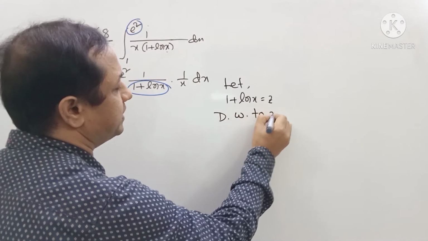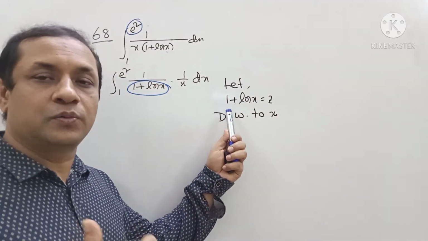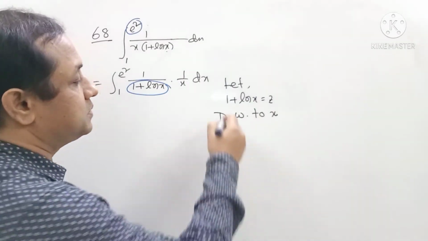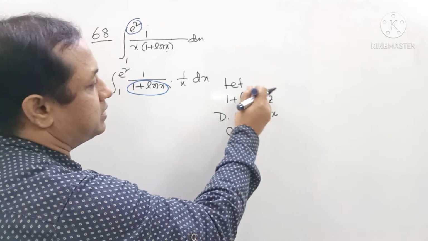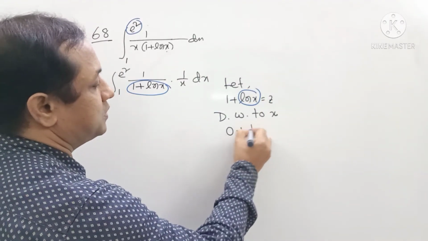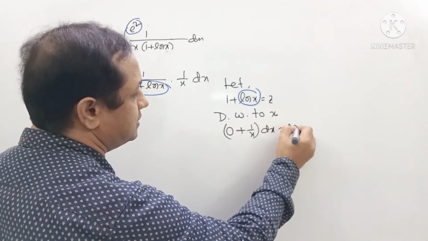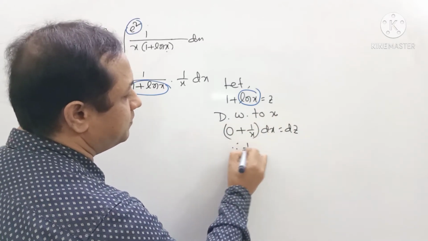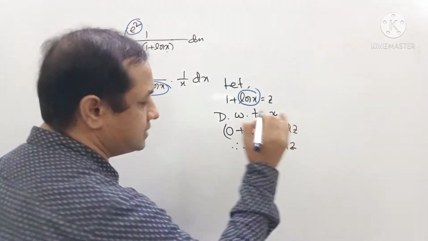We know that d/dx of 1 is a constant, so d/dx of 1 is 0, and d/dx of ln x equals 1 by x. So we have 1 by x dx equals dz.